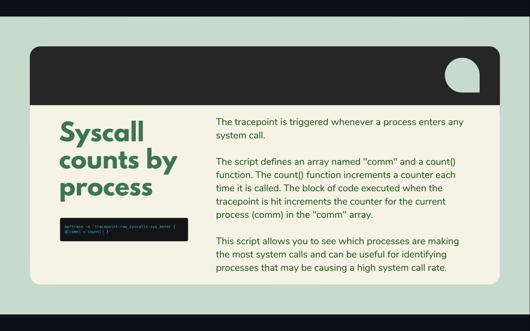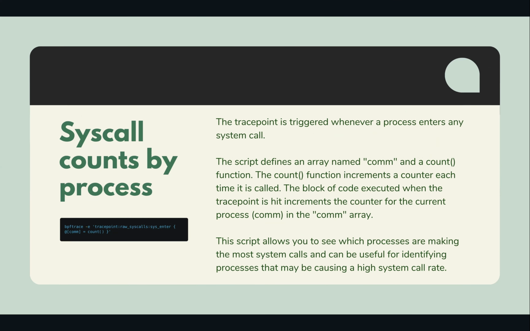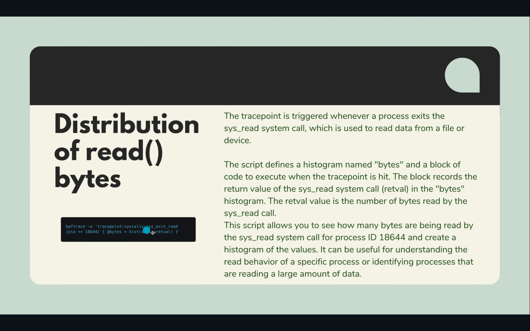So I have another example that I wanted to show. We can also use bpftrace to see the histogram of read bytes.